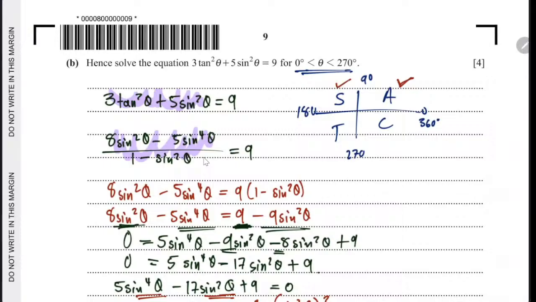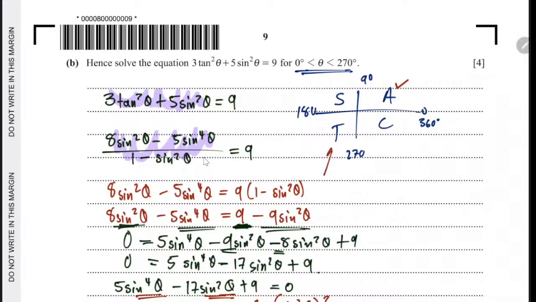And if you want to find the other one, you know what you do? The other one is here, because this A means all of them are positive. We want to take where sine is positive on CAST. So you are either positive in A, or you are also positive where your name is. So can sine be positive at C? No, because sine is not there at C. This is cos. So sine will be negative here at C, right?